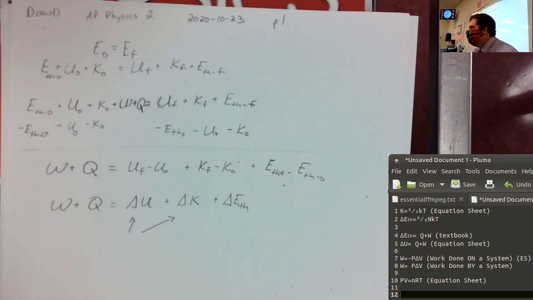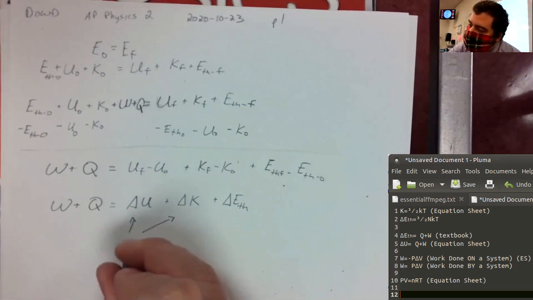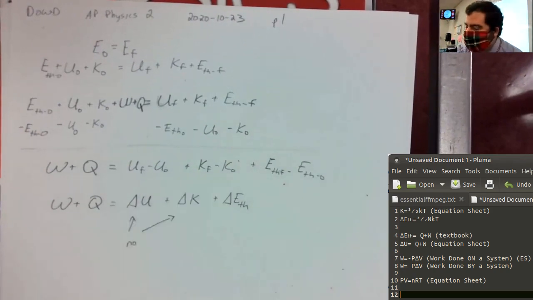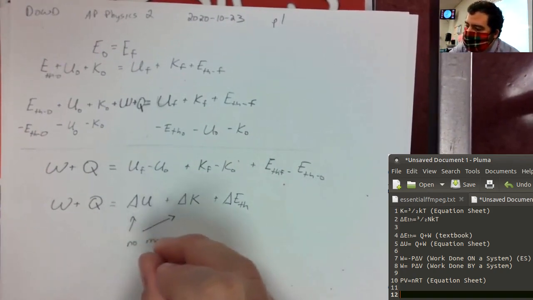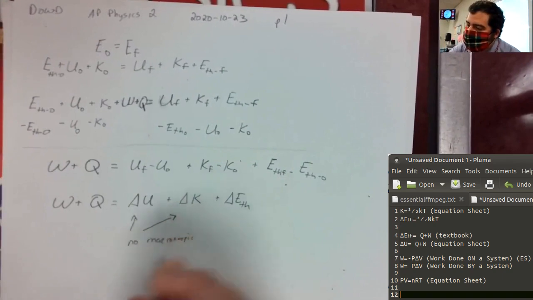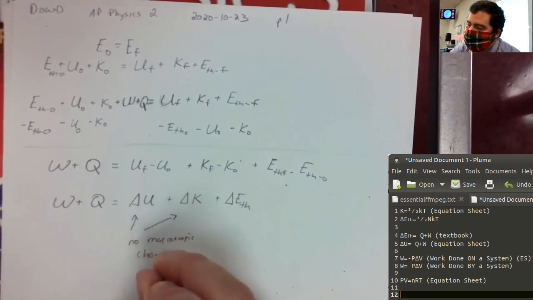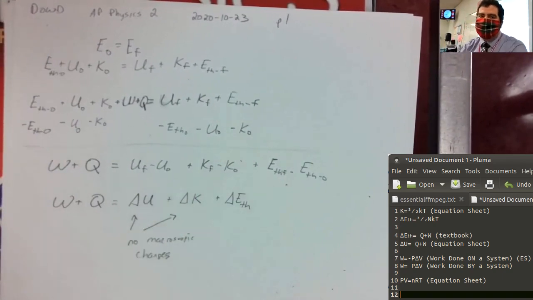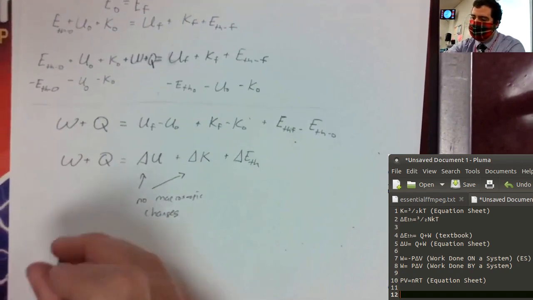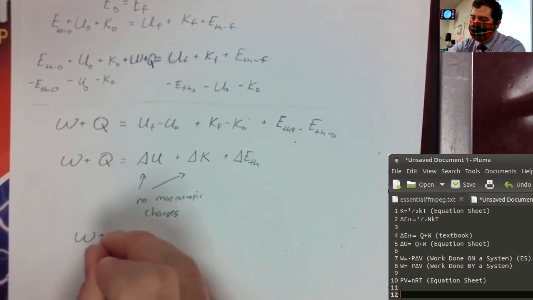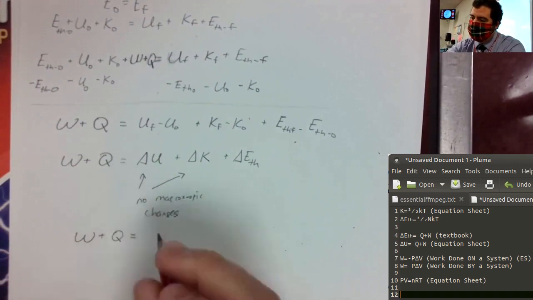We're typically not taking our engine and dropping it off a cliff or making it go faster. So we don't usually have, at least in the simplest forms, macroscopic changes in these. So what we're left with is work plus heat is the change in thermal energy.